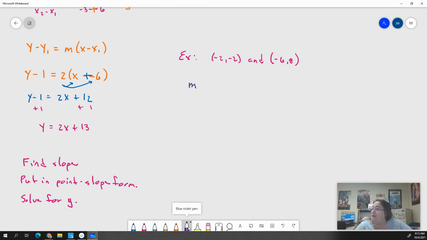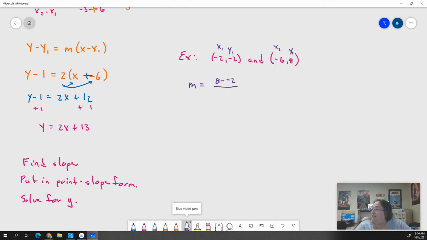Given 2 points, we'll find the slope first. So I'm going to go m equals, we can make this x1, y1, x2, y2. Doesn't matter, right? I can use either one. And we're going to go, okay, well, our y2 is 8 minus our y1, which is negative 2. Keep that in mind. That's 8 minus negative 2, so that's like 8 plus 2, which is 10.